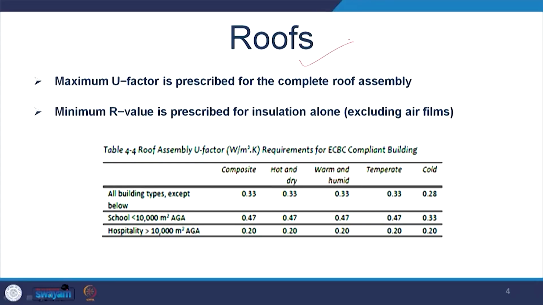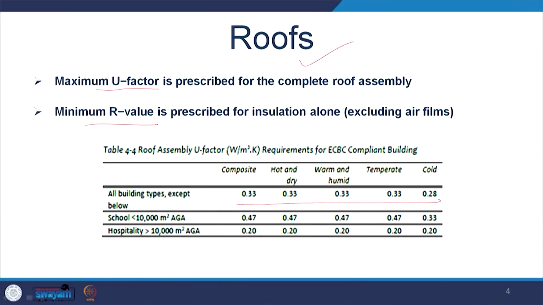Another opaque component is the roof, and for roofs also, maximum U factor and minimum R value is prescribed, exactly the same as that for the walls, and we can see the same trend following for the climate variation.